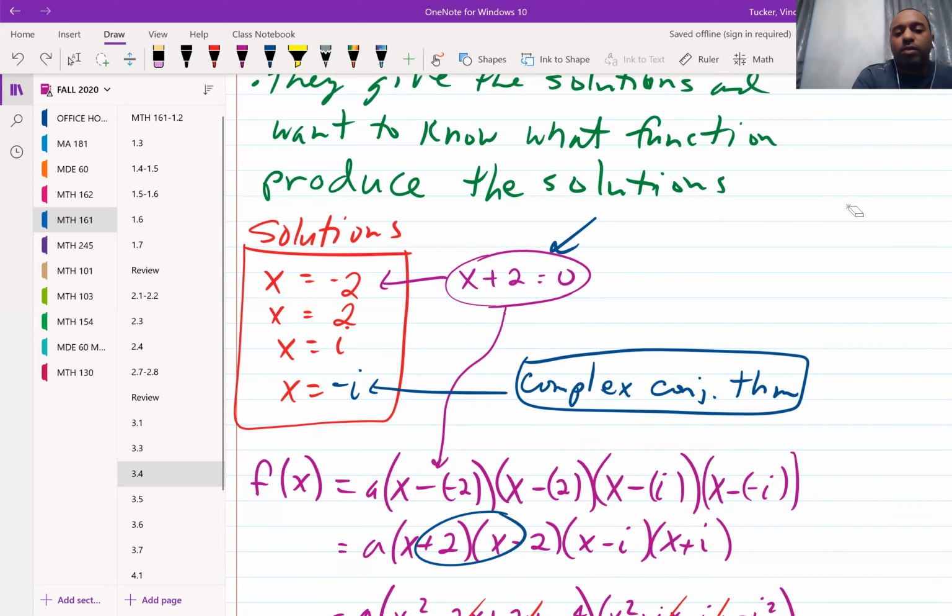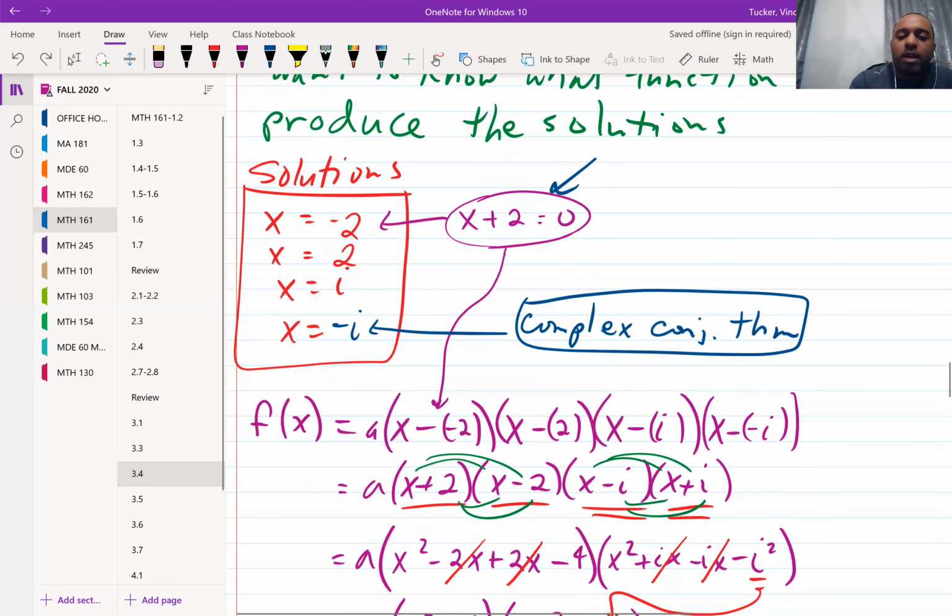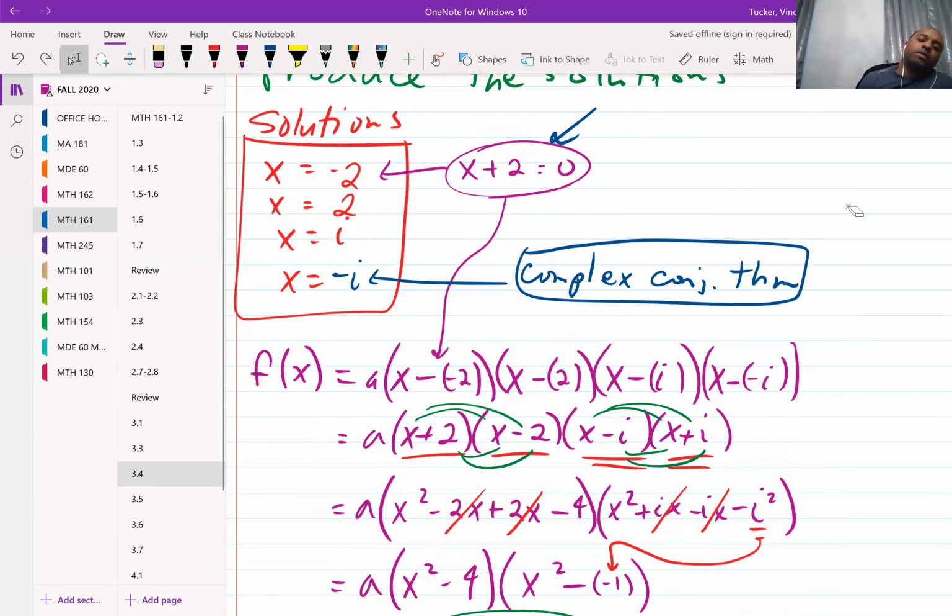So x plus 2, I didn't mean to do it that way. Get that back. All right, so we're going to FOIL that out, x plus 2 times x minus 2, and then x minus i times x plus i. And that will give us x squared minus 2x plus 2x minus 4, x squared minus ix plus ix minus i squared.